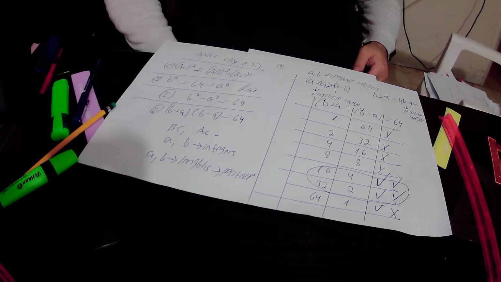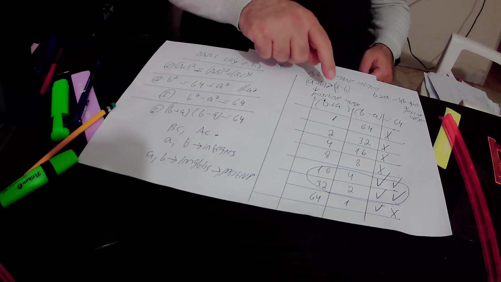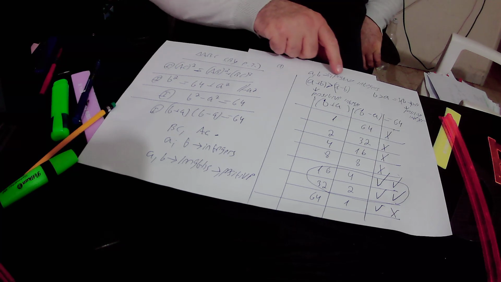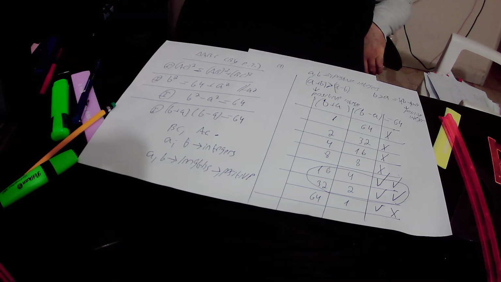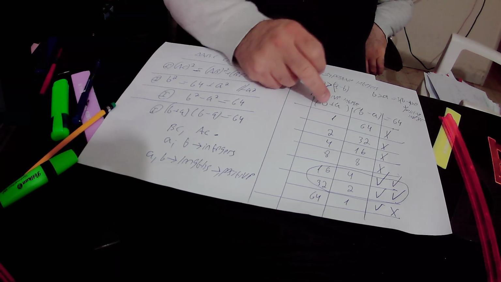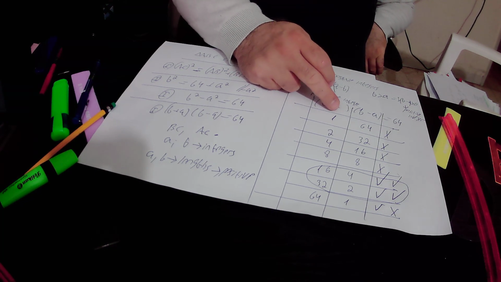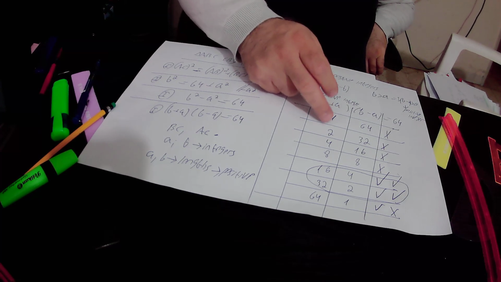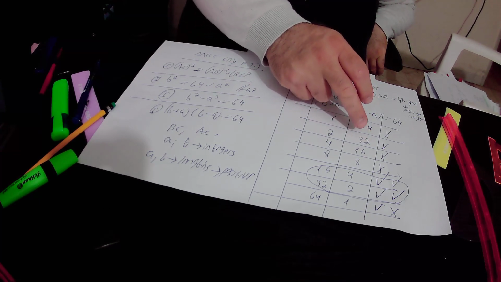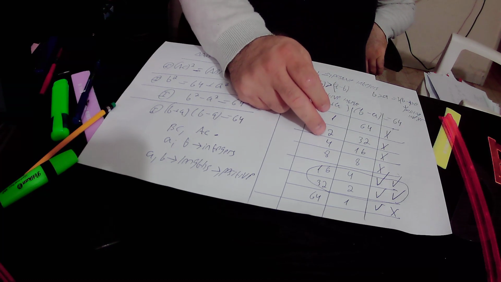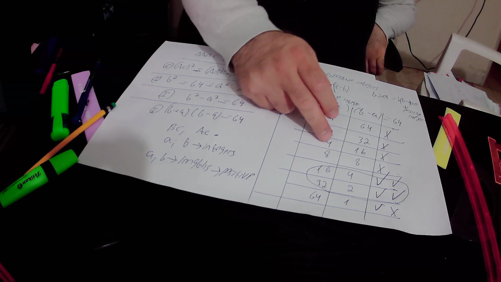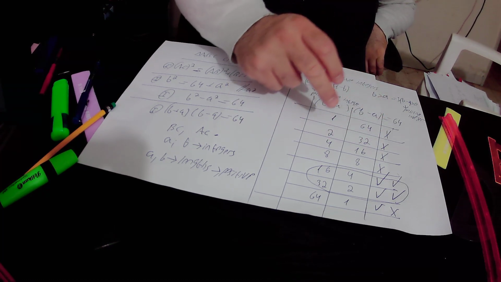So, first of all, because B plus A must be greater than B minus A, here 1 is not greater than 64, so this option is not good. 2 is not greater than 32, therefore this option is not good. 4 is not greater than 16, therefore this option is not good.